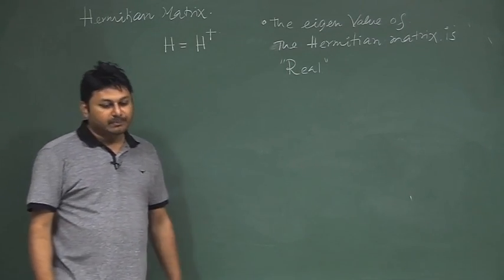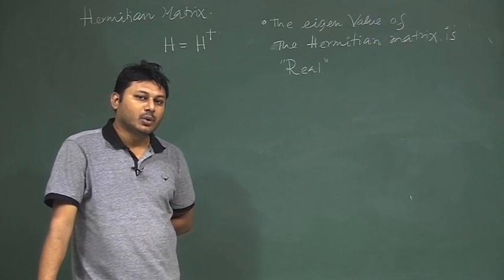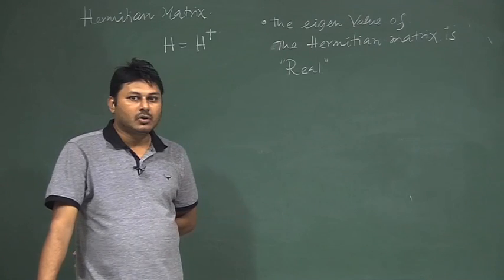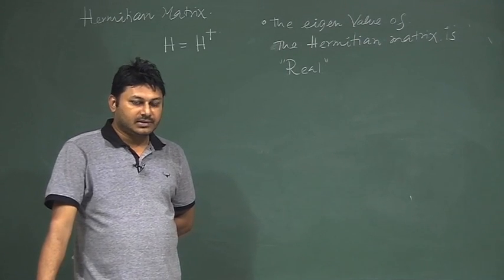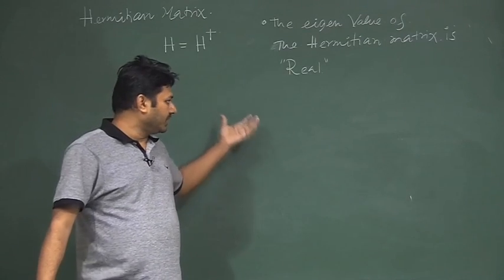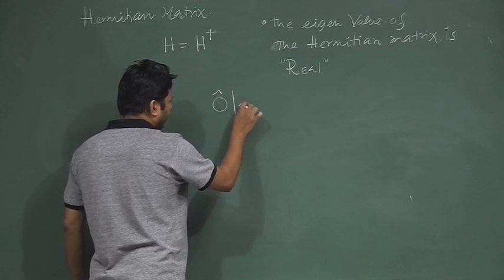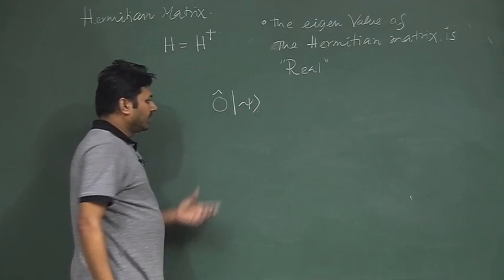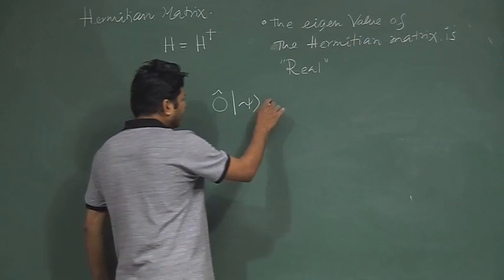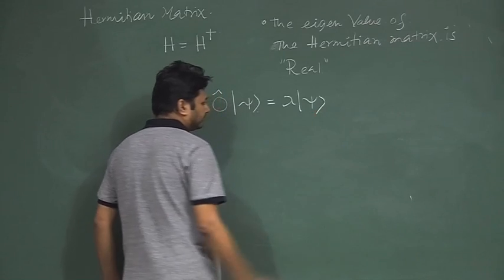Let me first explain very briefly why it is important in the context of quantum mechanics. In quantum mechanics, when we use an operator, which in matrix notation is represented by a matrix, say this is my operator O, I operate on psi, which is a state. If this psi is an eigenstate, I get some eigenvalue lambda and the state back.